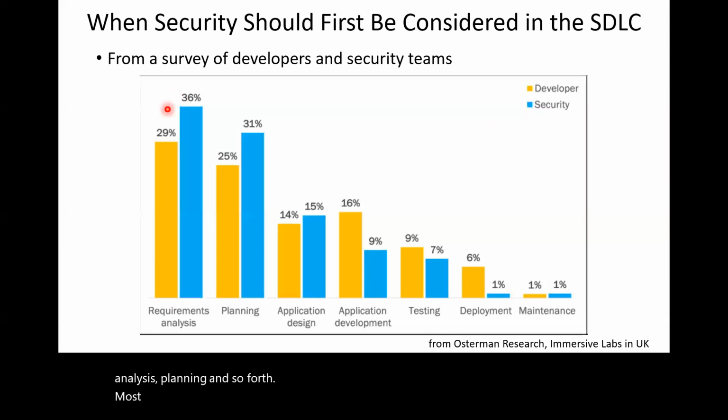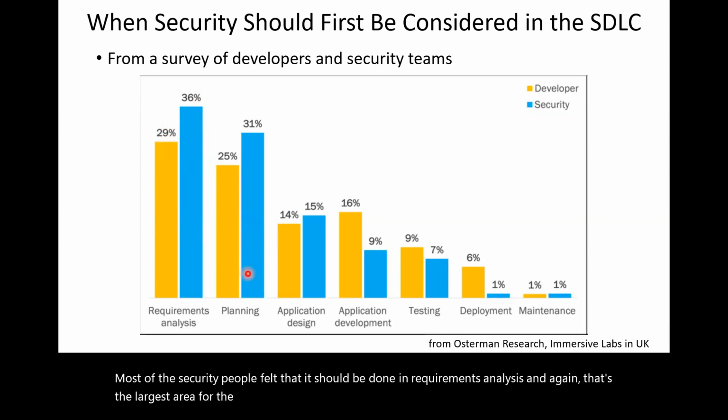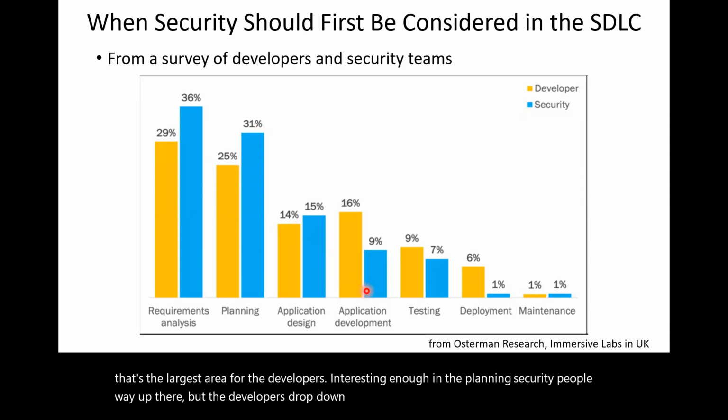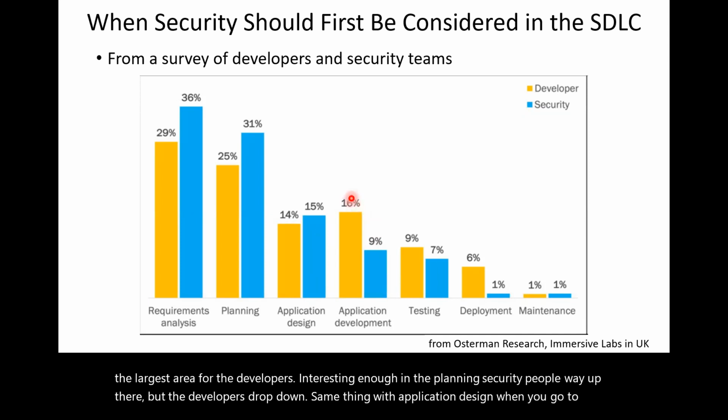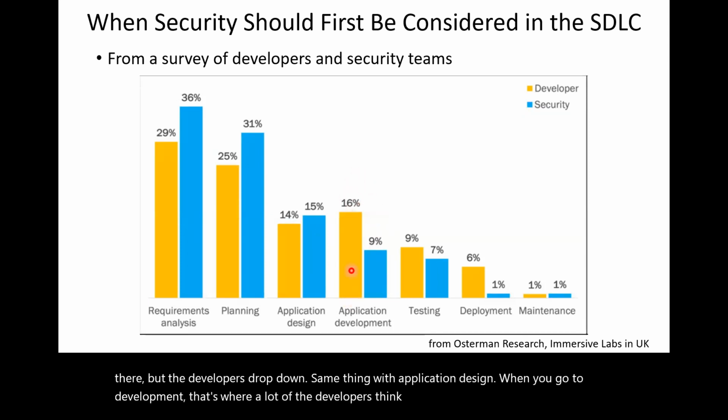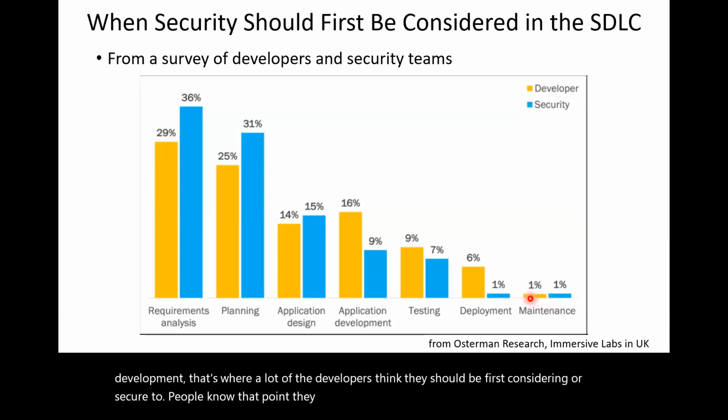Most of the security people felt that it should be done in requirements analysis, and again, that's the largest area for the developers. Interestingly, in planning, security people are way up there, but the developers drop down. Same thing with application design. When you go to development, that's where a lot of the developers think security should first be considered, whereas security people know that at that point it's too late. As you can see, most people think maintenance is far too late to do it.